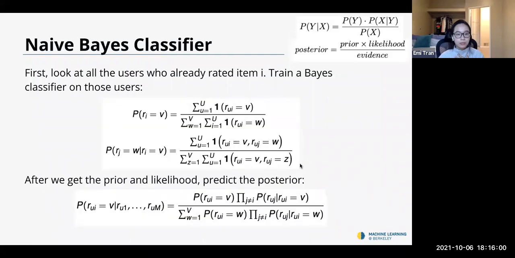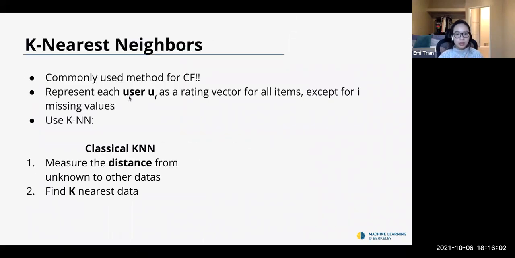That's your assumption: you should still represent that user with the rating vector R. Now after you have those basic assumptions down, put it into the KNN problem.